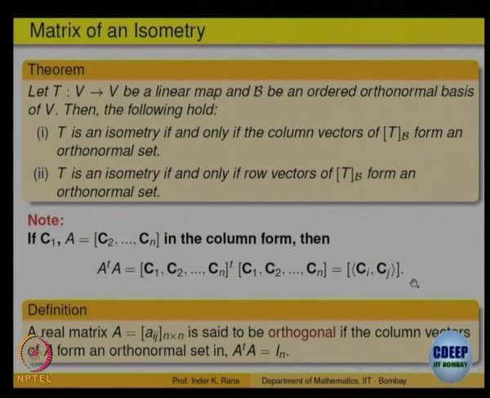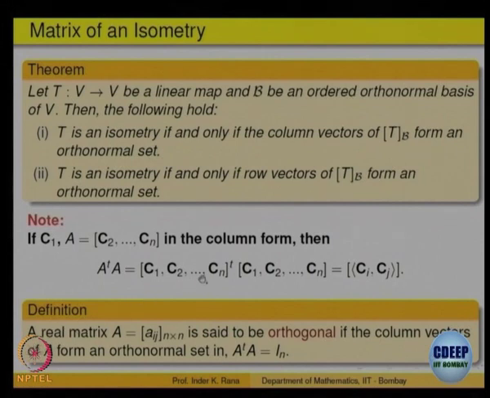That means what? It is the identity matrix. So, for an isometry, its matrix representation with respect to an ordered orthonormal basis has the property that A transpose A is equal to identity.